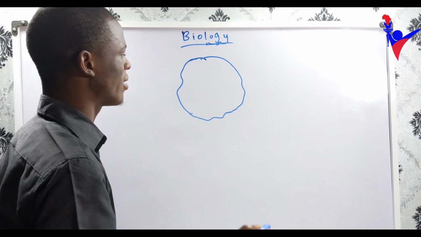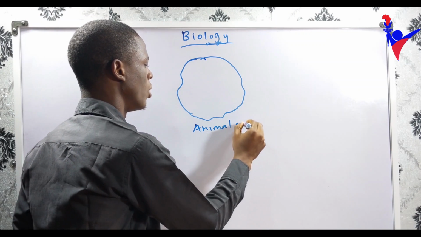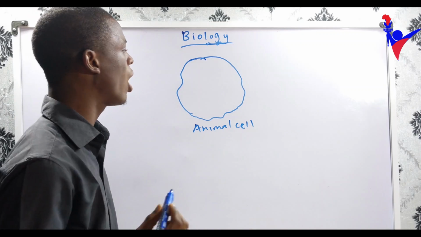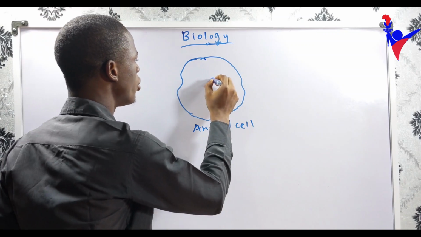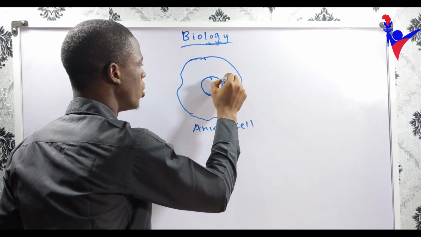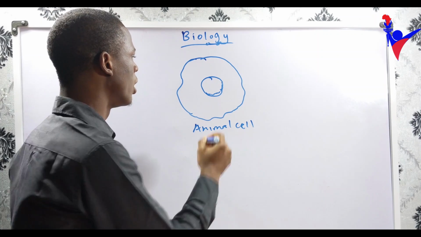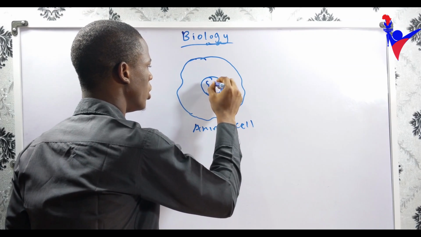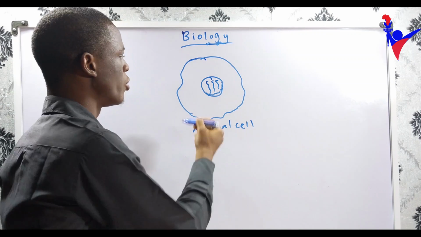This is an animal cell, so it has a central membrane-bound organelle, which is the nucleus. Inside the nucleus we have structures that we call the chromosomes. Chromosomes are spindle-like structures inside the nucleus.